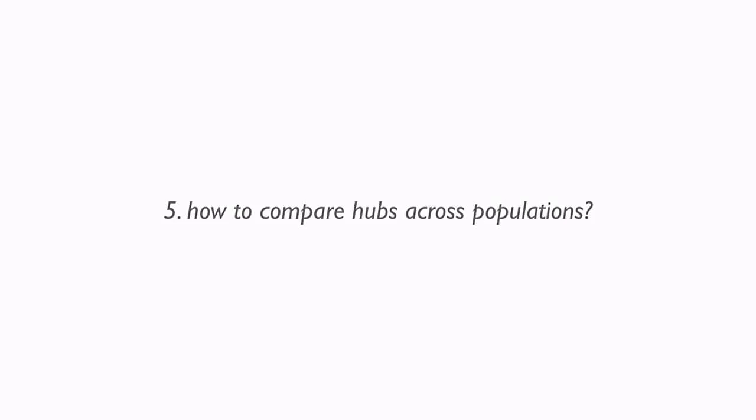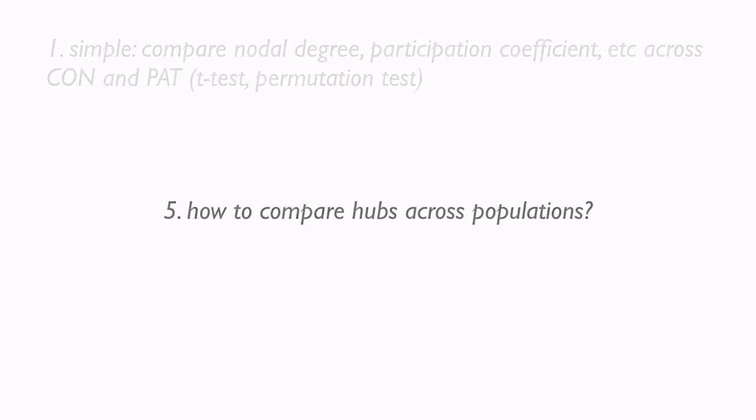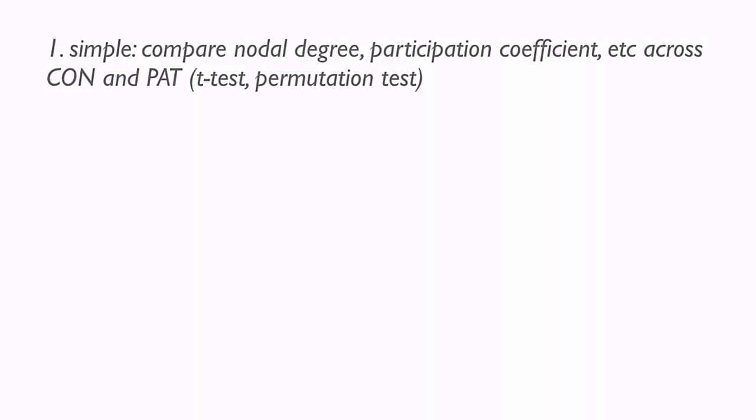So once we have established our hubs, and we looked at the rich club structure or the core structure in nervous systems, how can we use this property of the network when we want to do a case-control study? The simple answer would be, just use any type of statistics that you're familiar with.